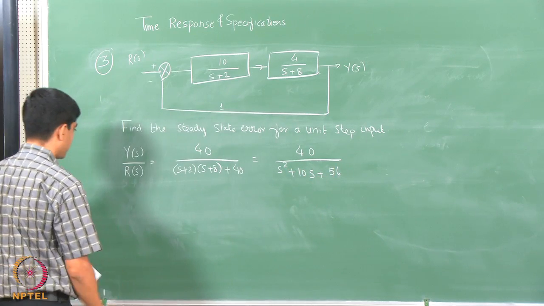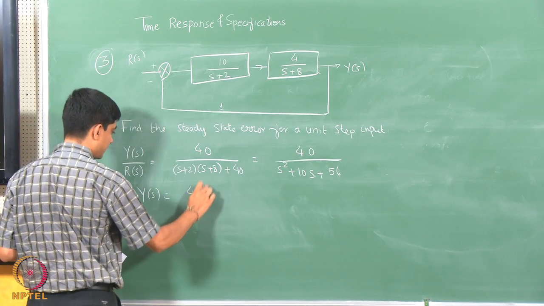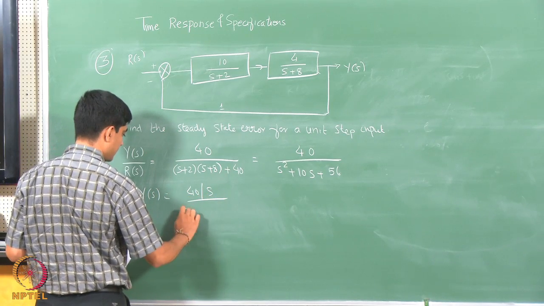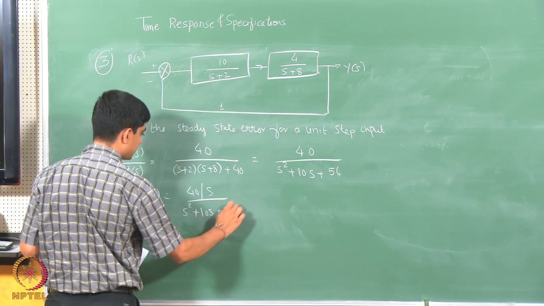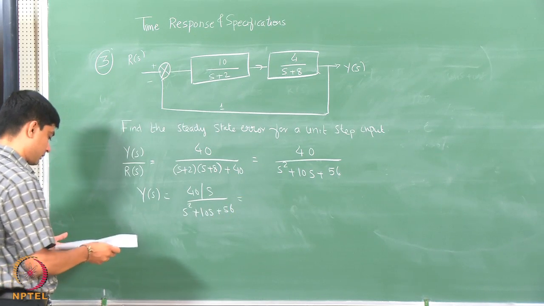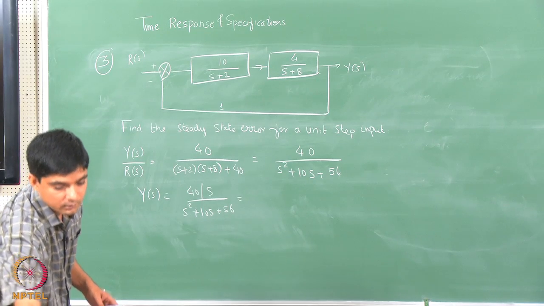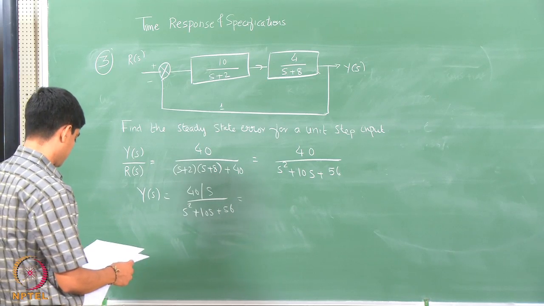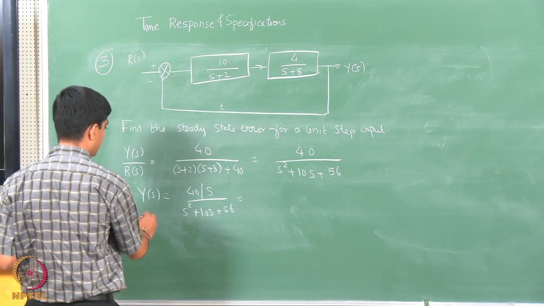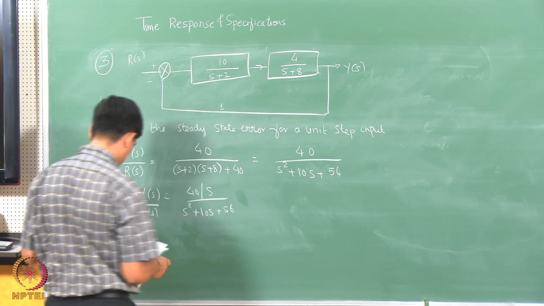Okay. So 2 weeks ago I would just do this, right? So it's 40 over s square plus 10s plus 56, and then I would do, okay, Y(s) over R(s). This is my transfer function.